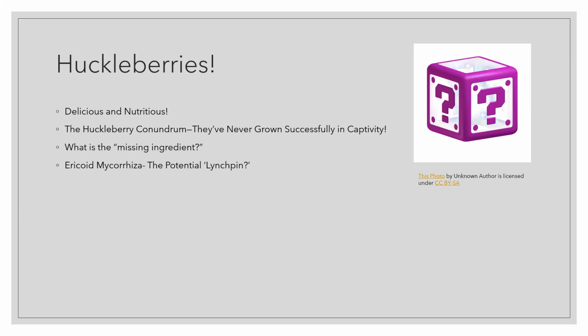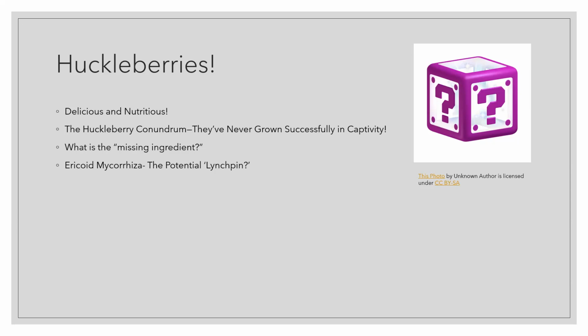And so there's this idea that there's something missing in our laboratory and garden settings that huckleberries need that is in the wild, which allows them to grow. The idea is that it might be the Ericoid mycorrhiza that they're missing in a garden setting. That's the potential linchpin for the huckleberry domestication hypothesis.